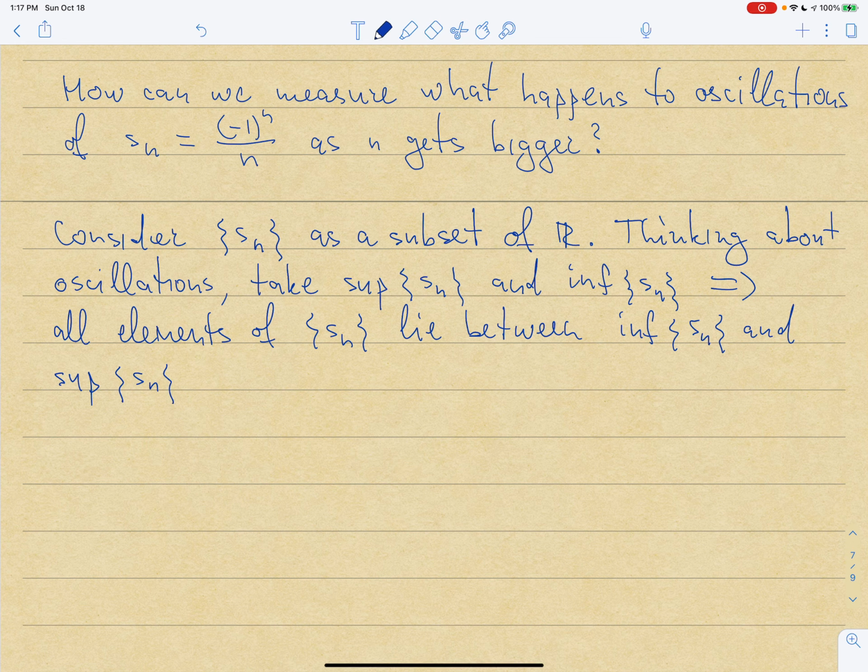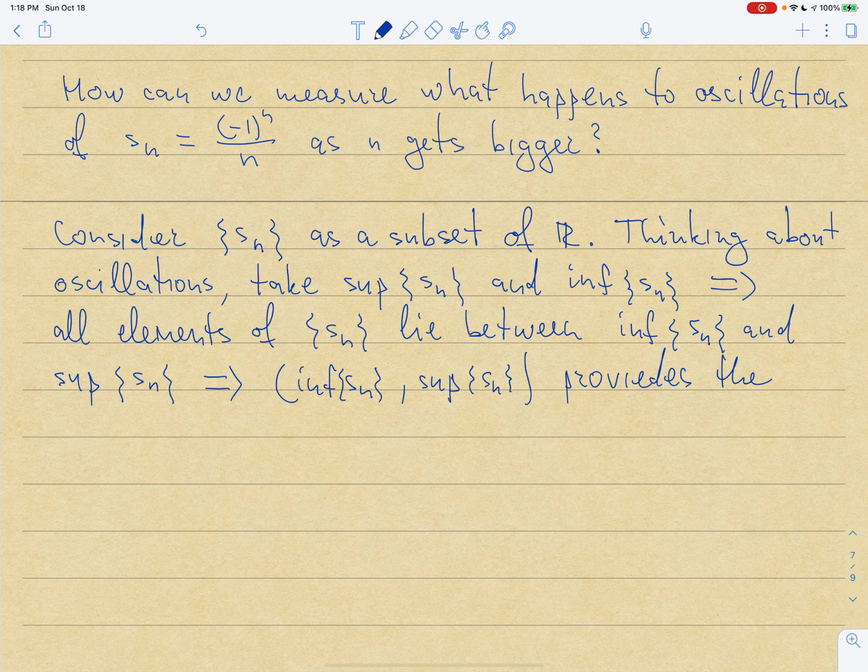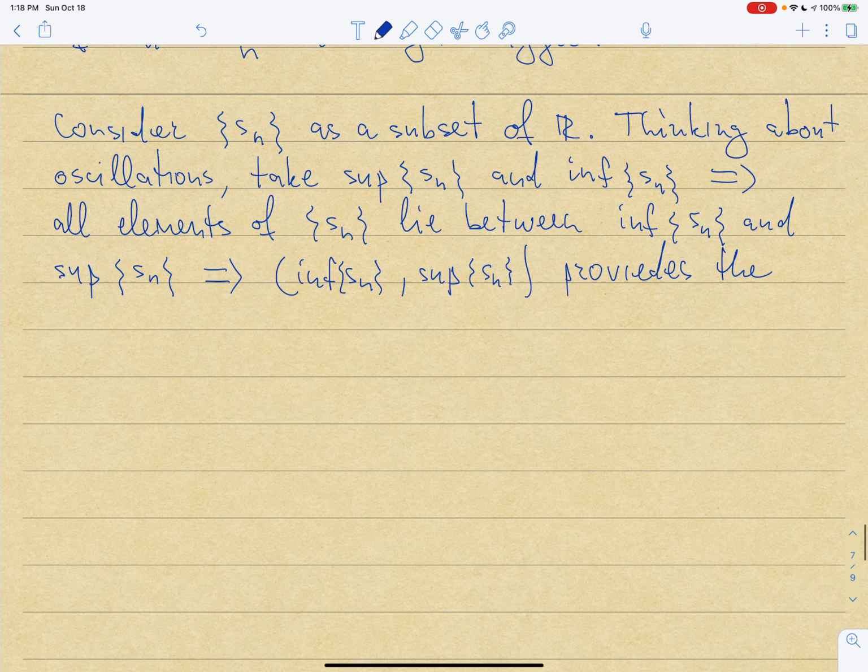And therefore, the interval from inf Sn to sup Sn provides the window of oscillation for the entire sequence.